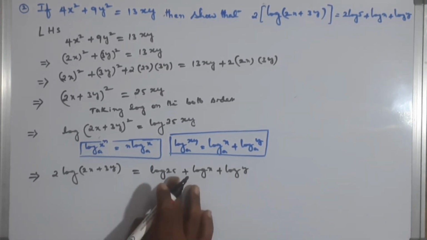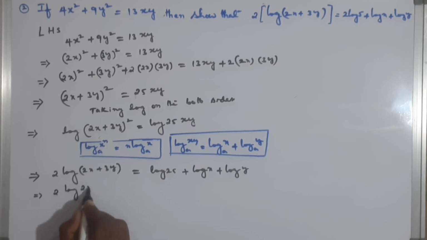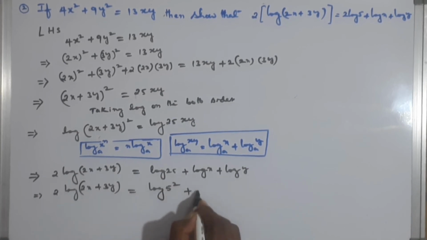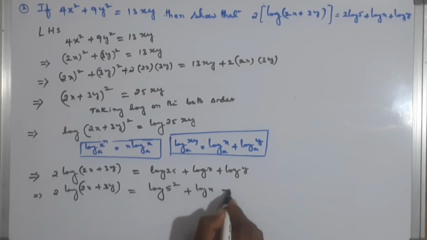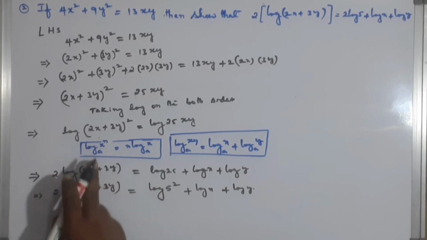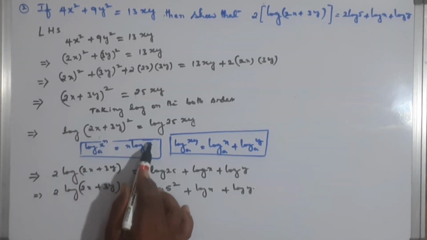25 I will write 5 square, which implies 2 of log (2x plus 3y) equals log of 5 square plus log x plus log y. Again using this formula, log base a to x to the power of n, I can write n of log base a to x.